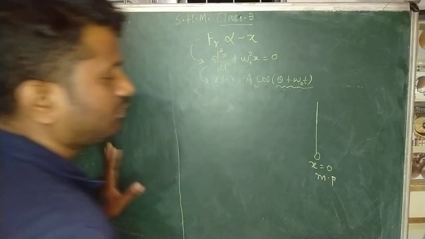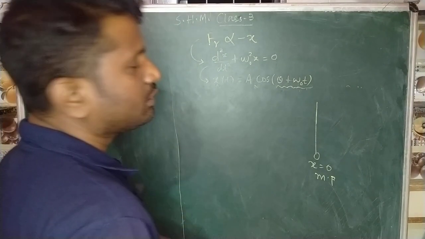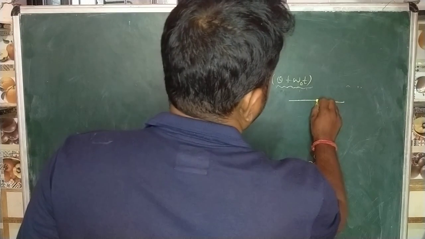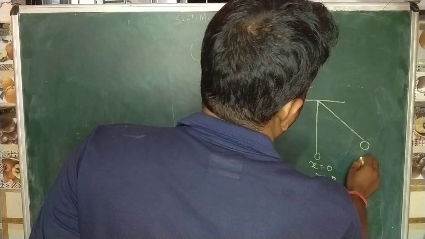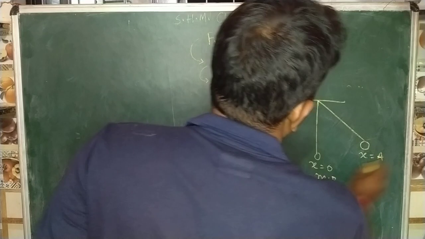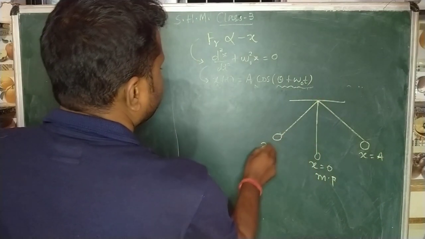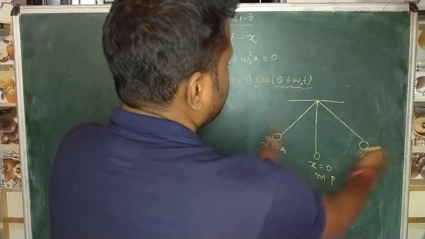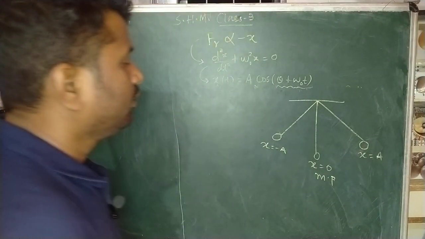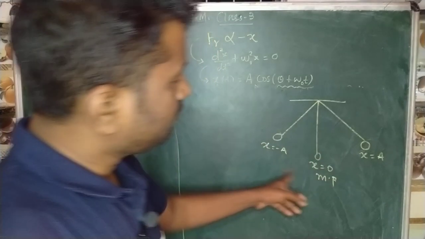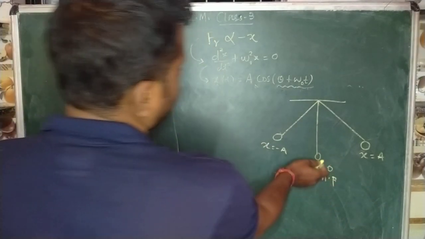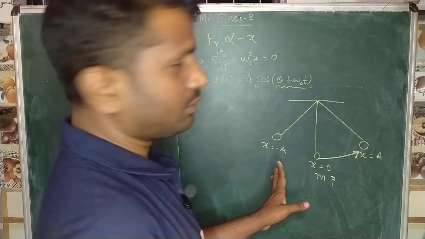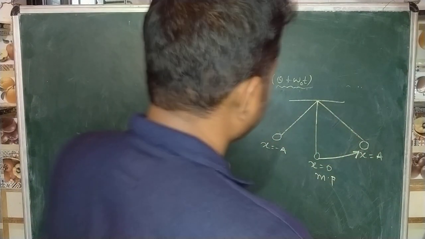I have already told you about the mean position: the position where net force on the oscillator is 0. If you move towards this side, this is x equal to plus A, and also on this side, minus A. From this to this, our oscillation is confined. The maximum distance covered from the mean position is our amplitude.